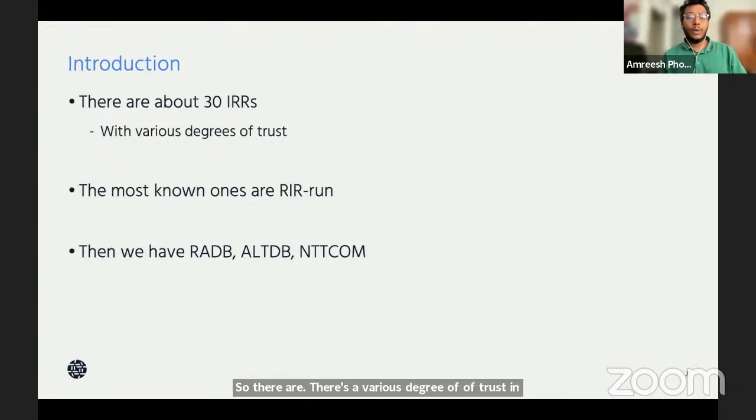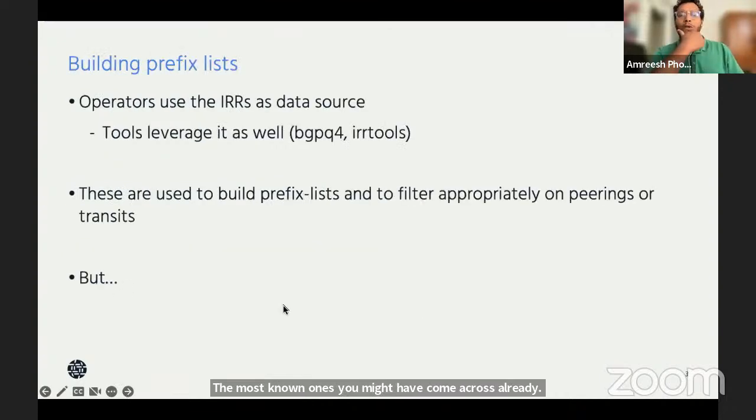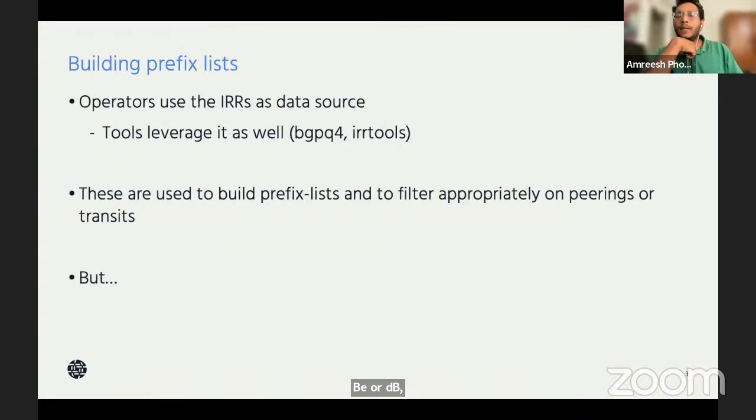The most known ones, which you might have come across, are RADB, LDB, or NTT-Com. As I was saying, there are different tools that can be used, for example BGPQ4 or IRR tools, to pull those objects from these different routing registries and build prefix lists that allow you to do your filtering.